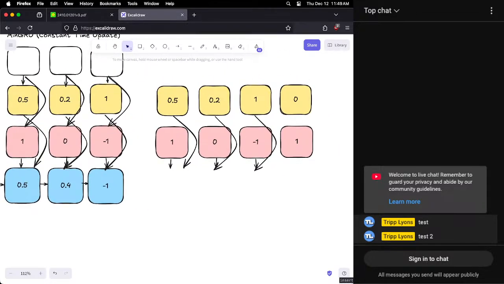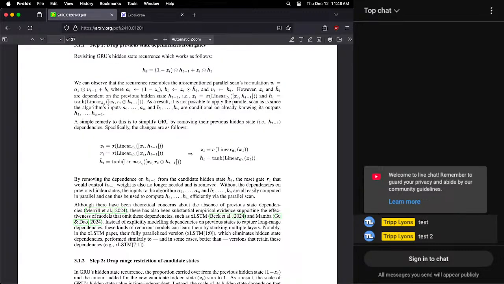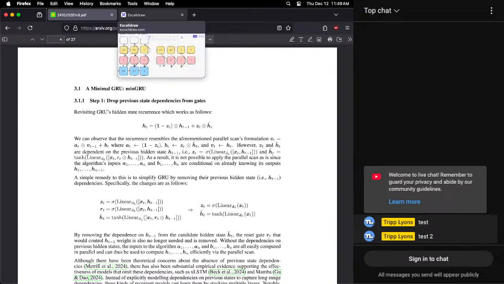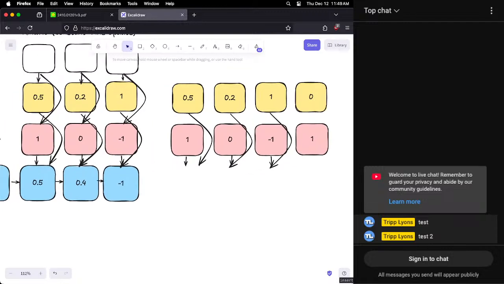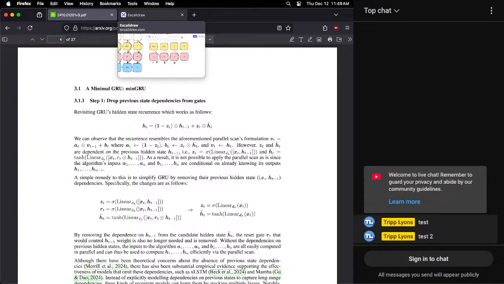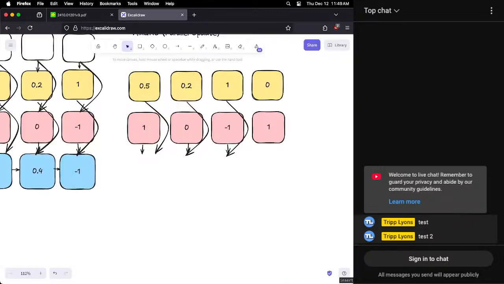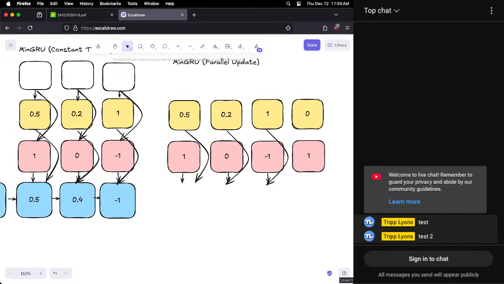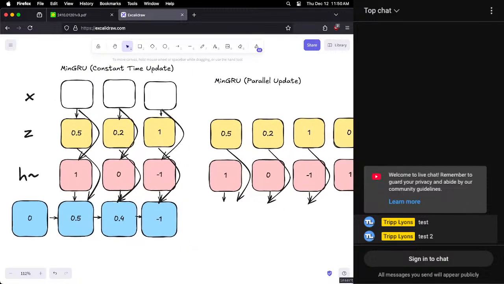So at the first step, we need to compute these values of B and V. Here we kind of transform this again. V will start out as z times h tilde.